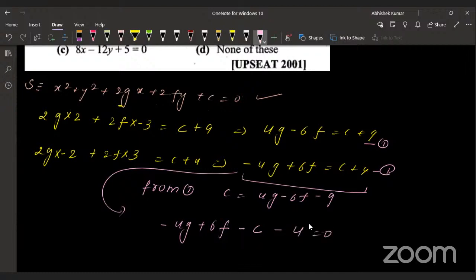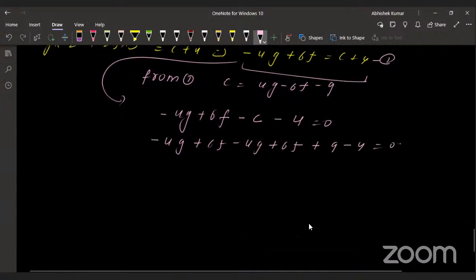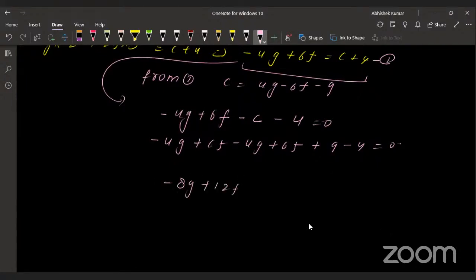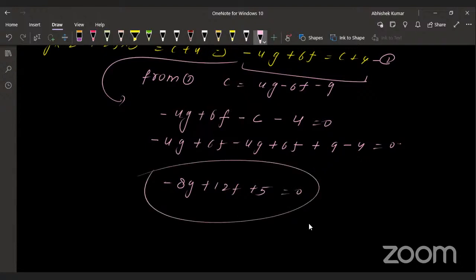Put the value of c: -4g plus 6f minus 4g plus 6f plus 9 minus 4 is equal to 0. Solve it. What are you getting? You will be getting -8g plus 12f plus 5 is equal to 0. That's it. That's the locus.